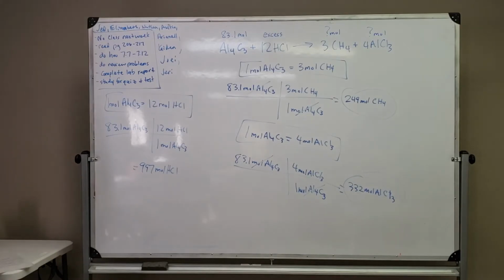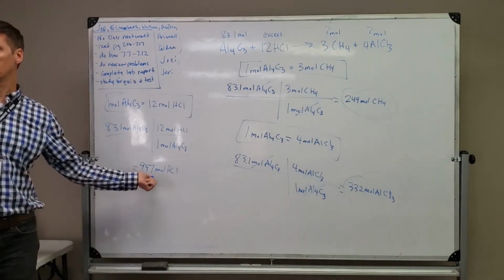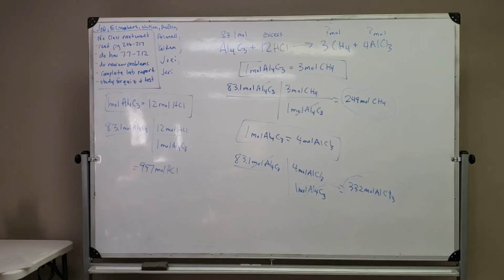Was that all the HCl we had? No, because we had excess, right? We had more than enough, but this was all the HCl that was used up. So there was some leftover HCl after the reaction was done. Questions about any of that?